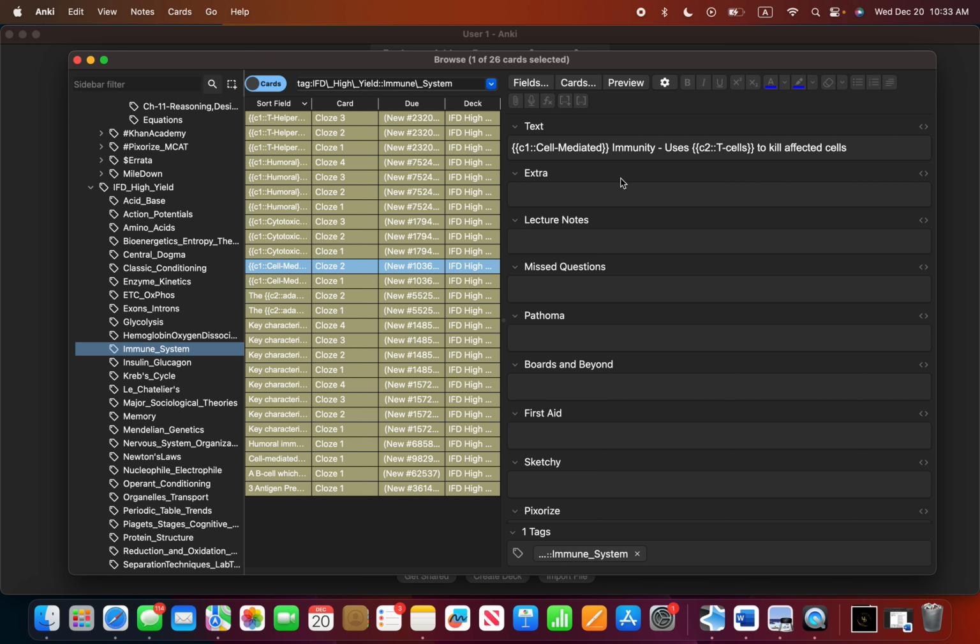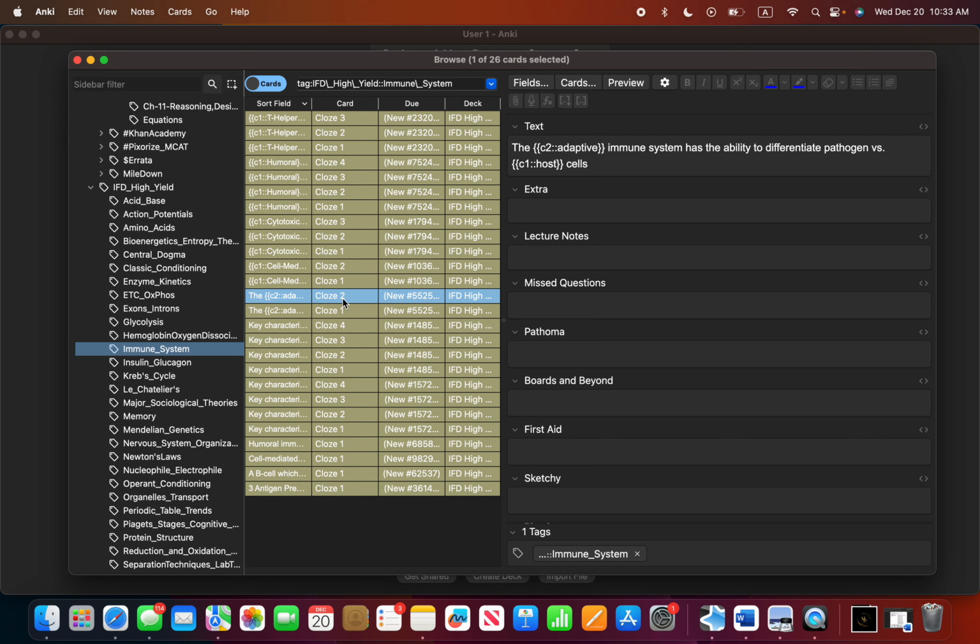And we have here cell-mediated immunity, which is literally the T cells killing affected cells. We'll figure that out in the YouTube video. We have the adaptive immune system, which has the ability to differentiate pathogen versus host cells. It's cool. So if it's adaptive, it can differentiate between the pathogen and the host cell.